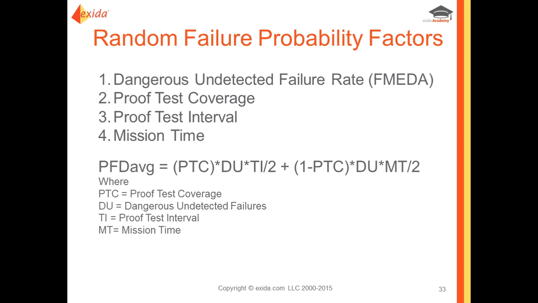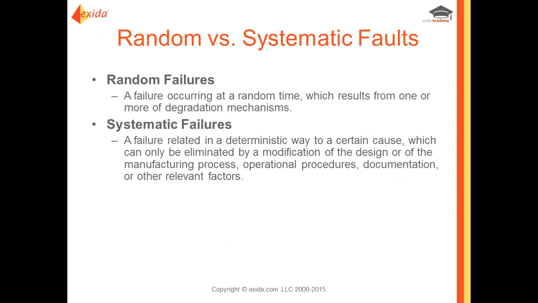The next section is to set probabilistic limits for hardware random failures. So we're going to look at pretty much the same chart, but this is the safety integrity level on the left, and on the right you have the probability of failure on demand, or the PFD average, which we talked about earlier.